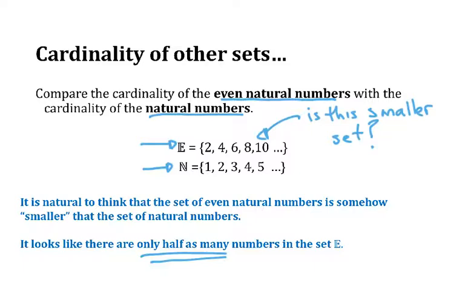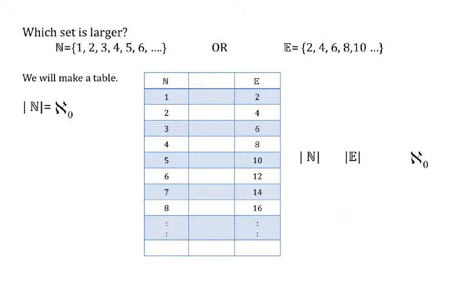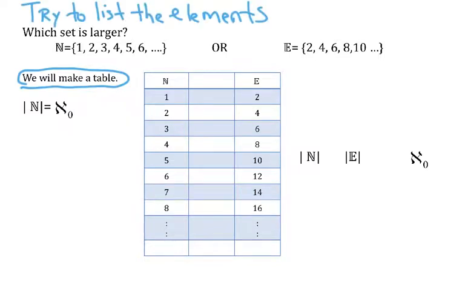In order to compare the sizes of infinite sets, we need to try to form a one-to-one correspondence. So again, make a table. Try to list the elements. So we will try to list the elements and see if we can pair them up one to one. So they both have a natural order, and I've listed them here.